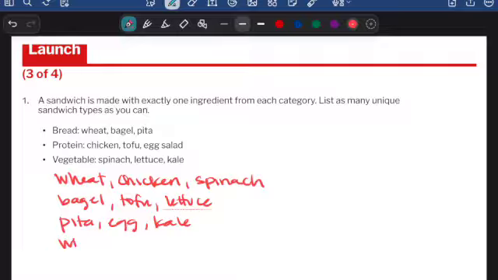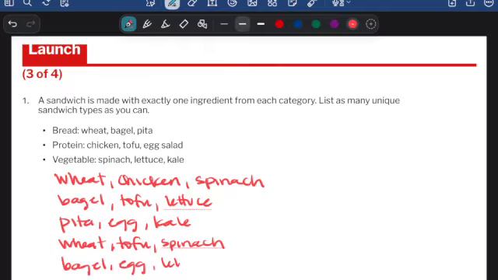I could get wheat, and I'm just going to change one choice. Instead of chicken, I could get tofu, and then keep spinach. I could get a bagel, and I'm going to just choose a different middle protein option. So instead of tofu, let's choose egg salad, and I'm still going to choose lettuce. So we could keep doing this and try to list all of the possible outcomes.